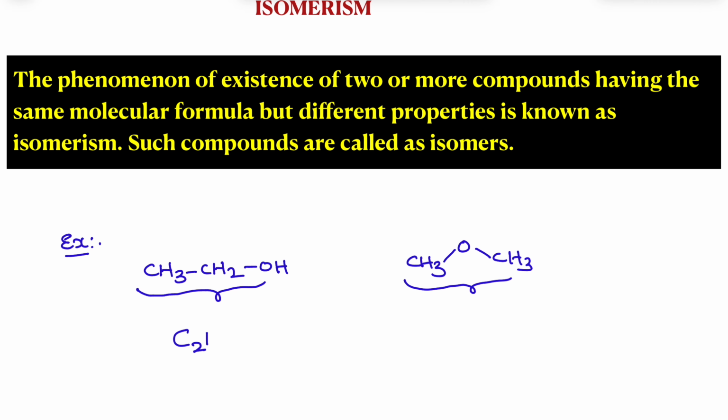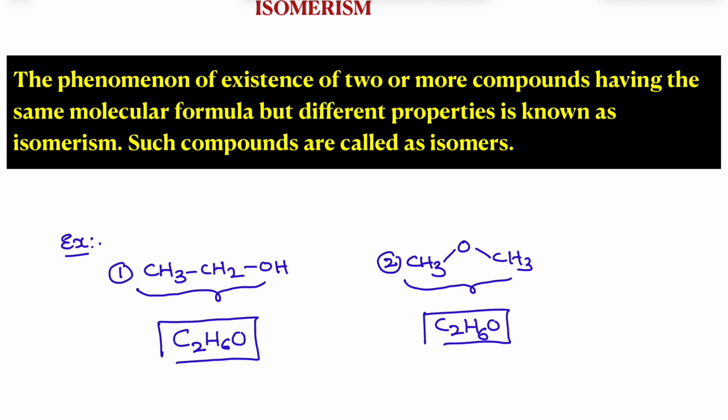So two carbons, six hydrogens, one oxygen. Here also two carbons, six hydrogens, one oxygen. So compound 1 and compound 2 have the same molecular formula, but they have different physical properties and chemical properties.